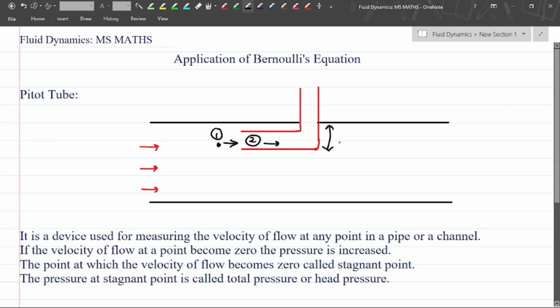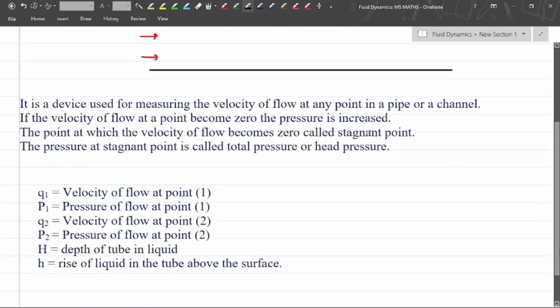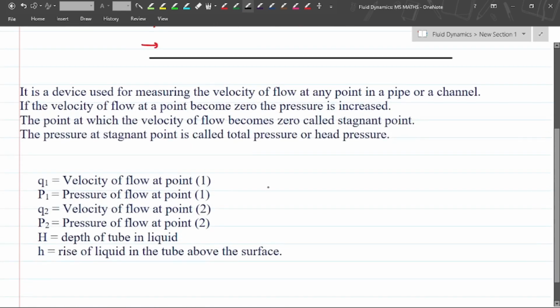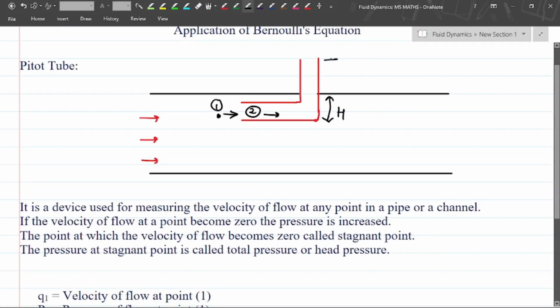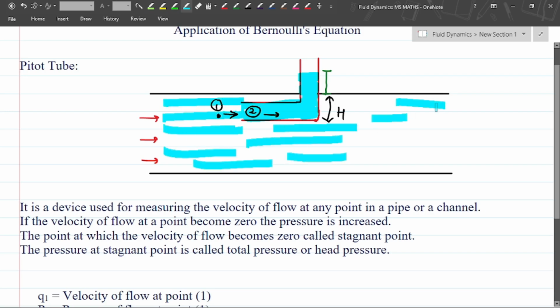It is the height h, where capital H is the depth of the tube in the liquid, and small h is the height of the fluid risen in the tube. The fluid goes up with the increasing pressure to this level. Here is the fluid in the channel or in the pipe.